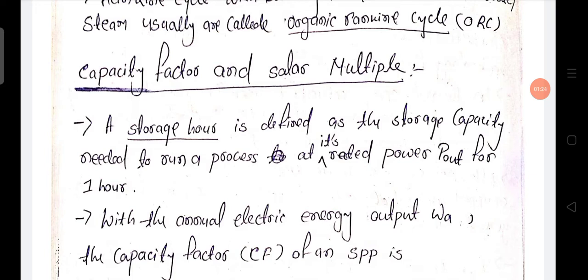That means if a solar power plant is rated so that it can give 5 megawatt output in an hour, then for producing that 5 megawatt of power, how much thermal storage is needed?